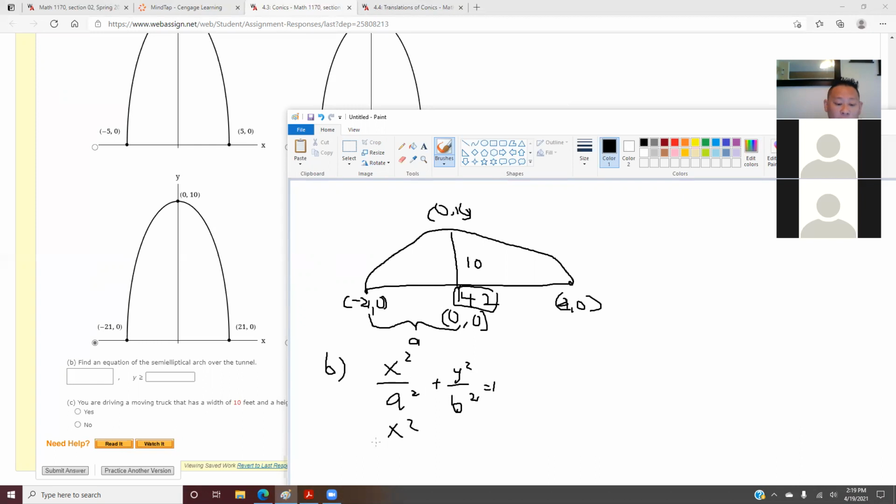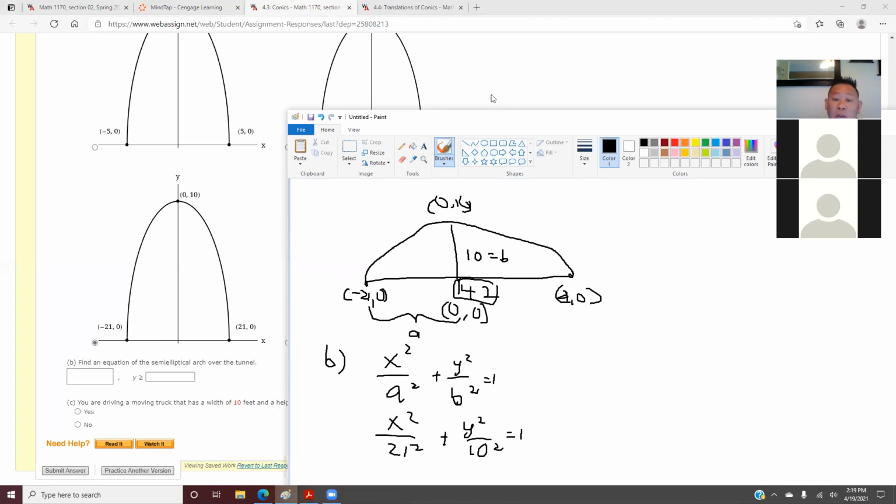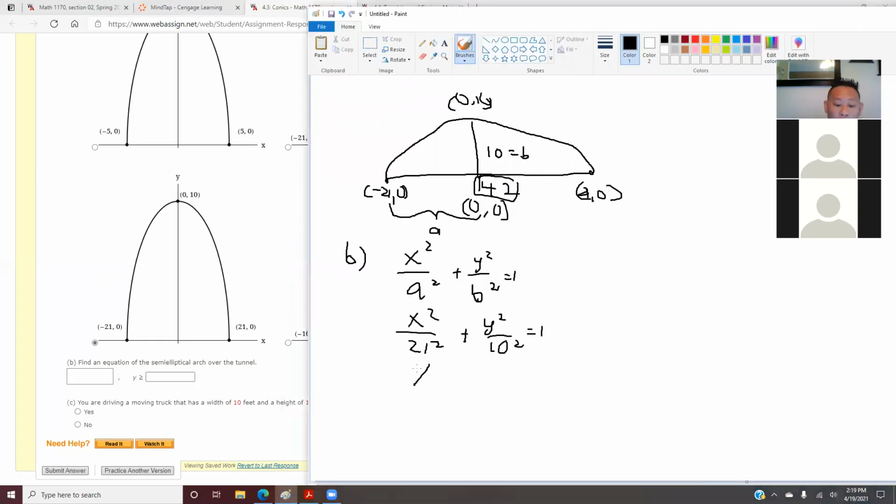So it's x squared over 21 squared, and your b is the height, which in this case is 10. So 10 squared equals 1. What's 21 squared? 21 squared is 441. And 10 squared is 100. And this is equal to 1.